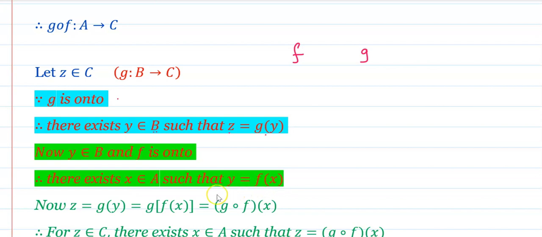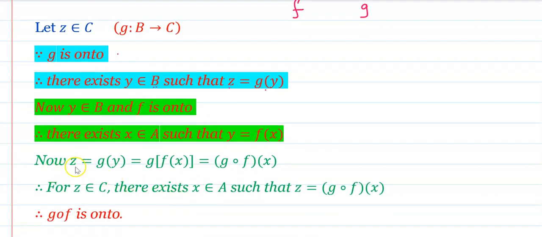In this way, z is equal to g of y, but what is y? y is equal to f of x. Now g of f of x means what? g o f of x. And for z belonging to C, there exists x in A such that z is equal to g o f of x, and therefore g o f is onto.